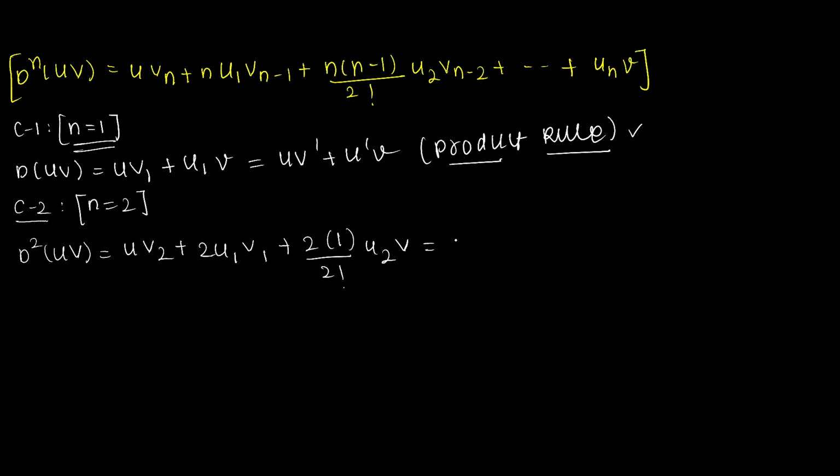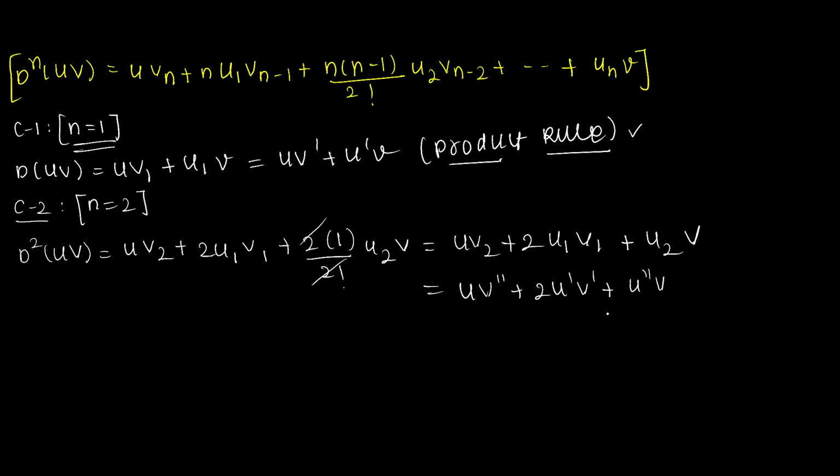So I'll be getting u v_2 plus, the 2 factorial and 2 get cancelled since the value of 2 factorial is 2 itself, so it will be 2 u_1 v_1 plus u_2 v. This can be written as u v double dash plus 2 u dash v dash plus u double dash v. Okay, so this is the value for d2(uv).